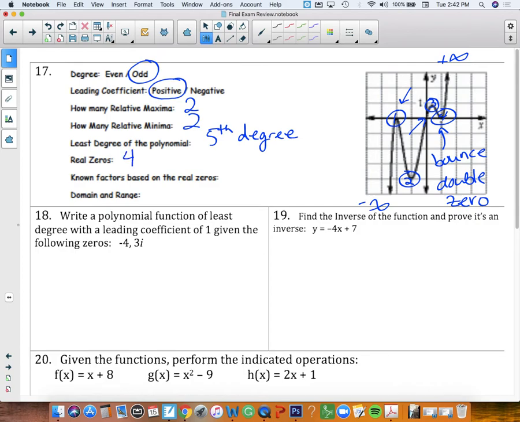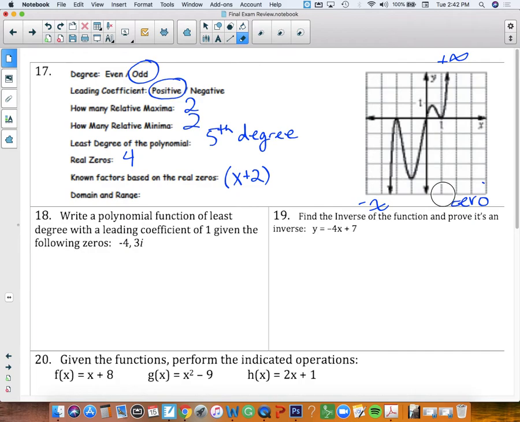All right, known factors based on the real zeros. So we can have x minus 2, actually x plus 2, sorry, because we got to look and see where it hits the graph. So that's a negative 2 there. We got a 0 and a 1. I just put them in parentheses with factors. There's always x minus something.